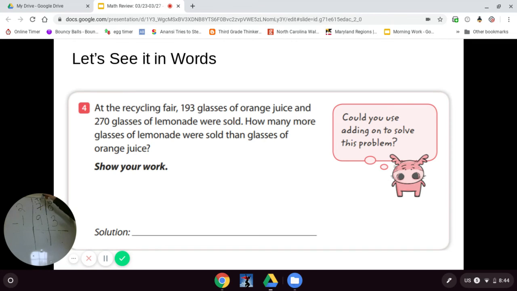My 7 tens become 6 tens because I gave 1 ten away. 10 minus 3 is going to be 7. I know that because 7 plus 3 equals 10. Building tens is a really good way to find solutions. 6 tens minus 9 tens. 6 is less than 9, so I'm not going to be able to do this.